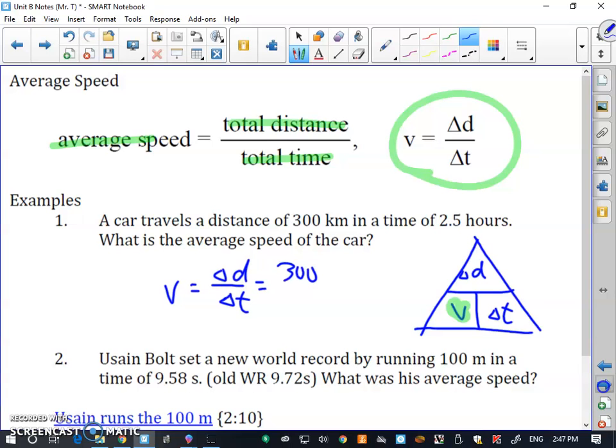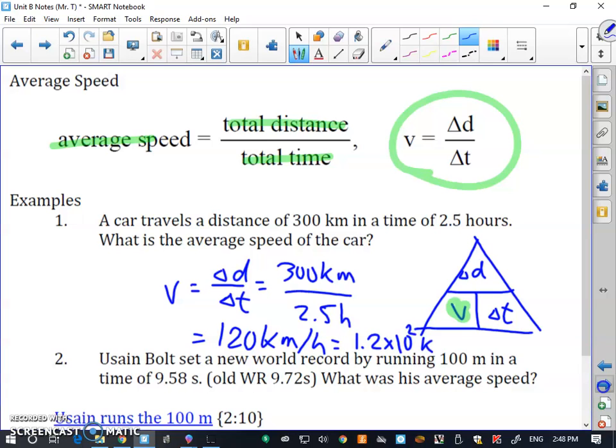You've got 300 kilometers, and you have 2.5 hours. You want to make sure you state your units at the end of this, in kilometers per hour. So I take the 300, and I divide it by 2.5, and end up with 120 kilometers per hour. Now, we like to do things in significant digits in scientific notation, and so the idea of 1.2 times 10 to the second kilometers per hour is generally the preferred answer, okay?